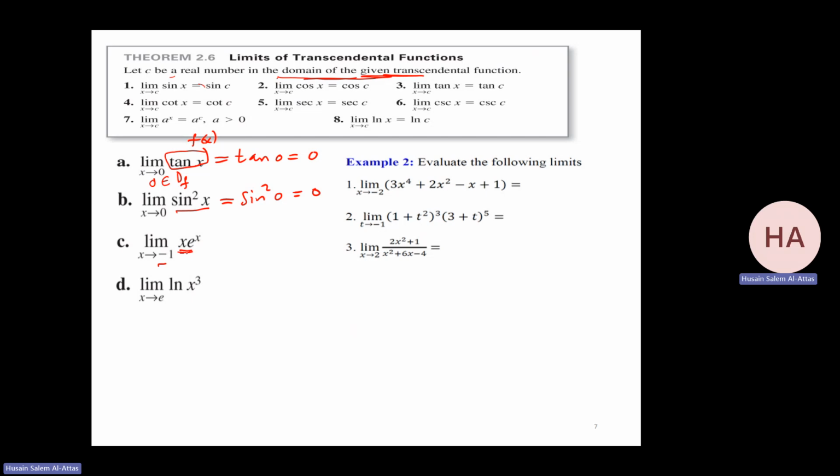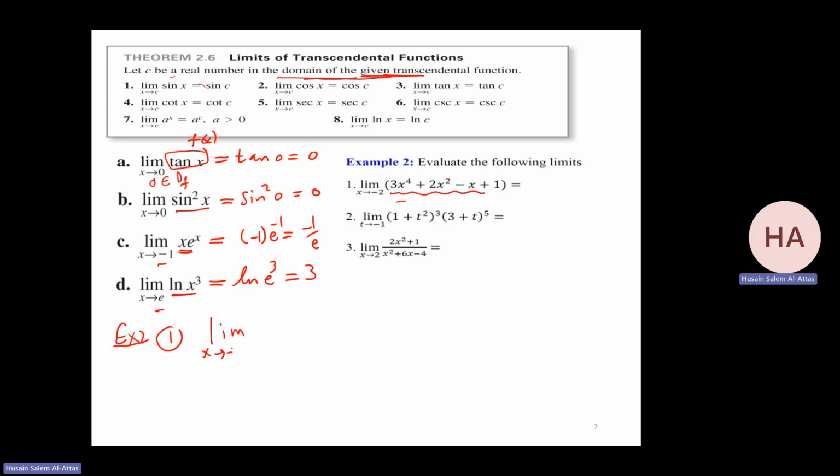Minus 1 is in the domain of this one. So just substitute. It will be minus 1 over e. e is in the domain of this function. So we just substitute ln e cubed, which is 3. This one, we talked about it before. This is a polynomial. How to find the limit? Just substitute.